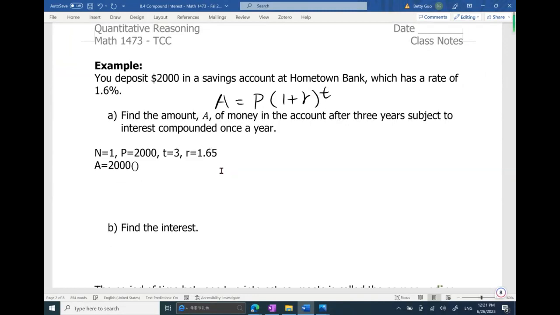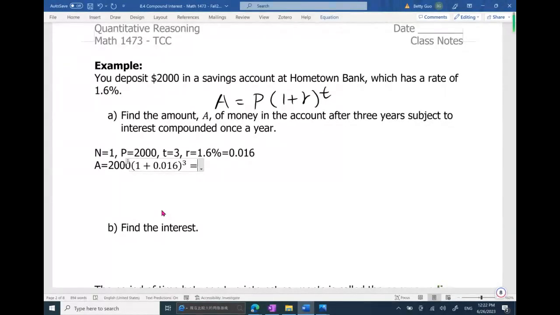Right away, I will convert that percent to its equivalent decimal, 0.016. So in the parentheses, when we apply the formula, we have 1 plus 0.016. And then raise that compounding factor to the power of 3, because we have 3 years, right?